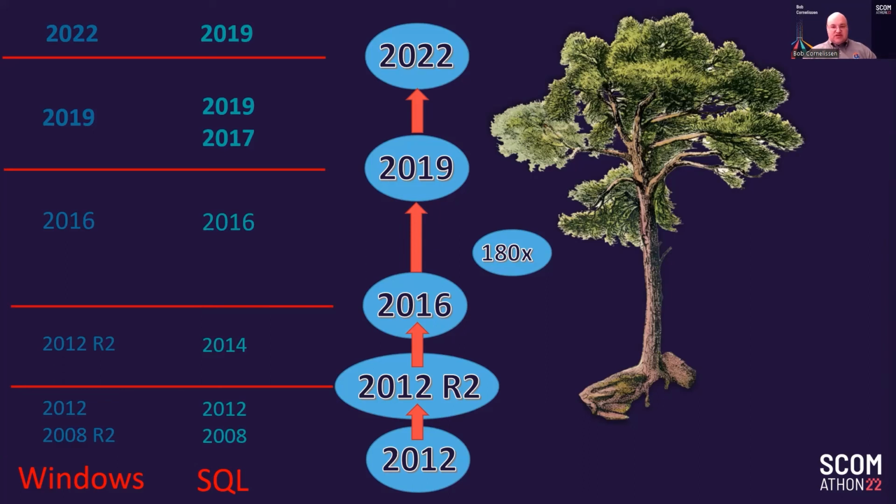But looking at SCOM 2022, it is only SQL 2017 and SQL 2019 which is supported there. The newer version of SQL came out too far in the past, past also the SCOM 2022 release date. So the supported list for the SQL backend is still SQL 2017 and 19.